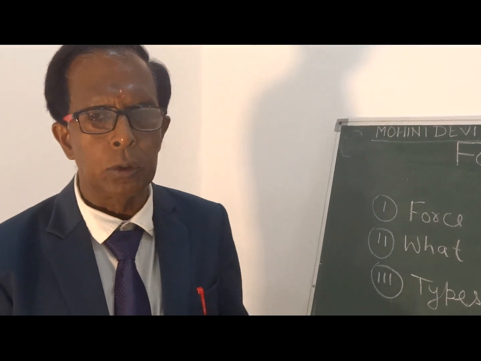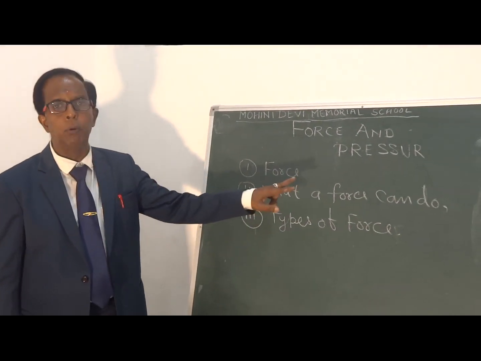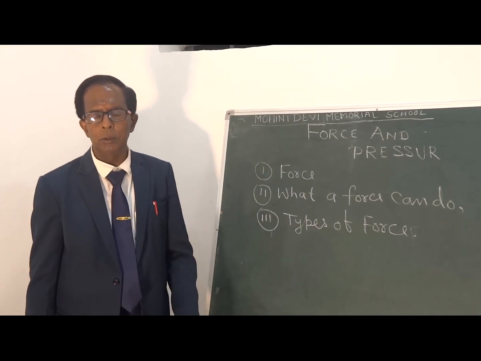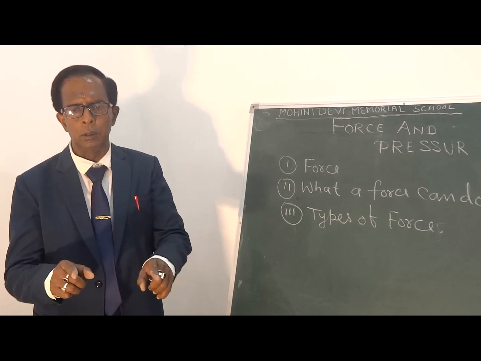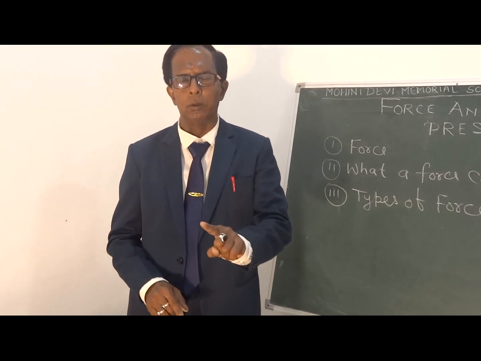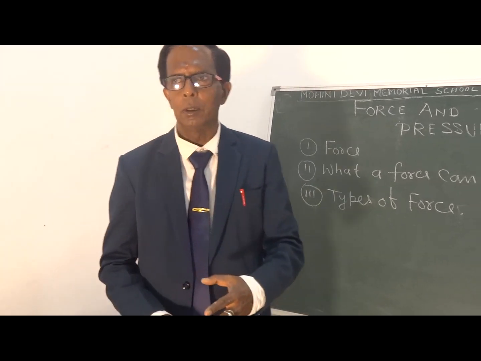I am going to describe the second point, what a force can do. You, my children, have just seen in all these activities what a force can do. Again I am repeating.